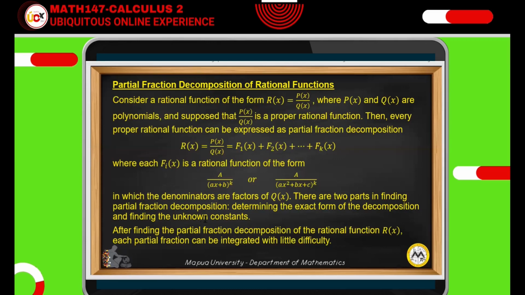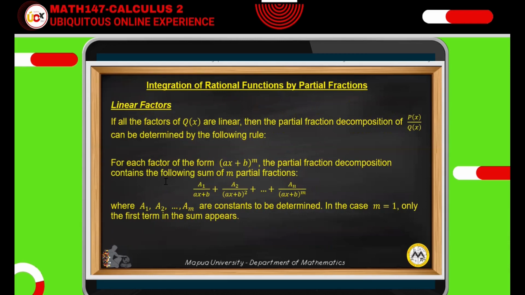So let us now have the discussion on integration of rational function by partial fractions where the denominator q of x is linear. It may be repeated or unique.